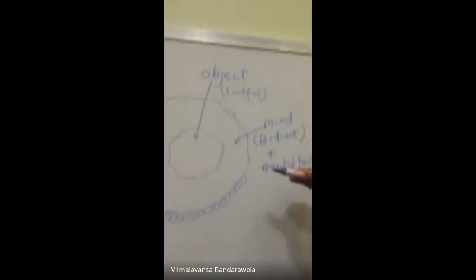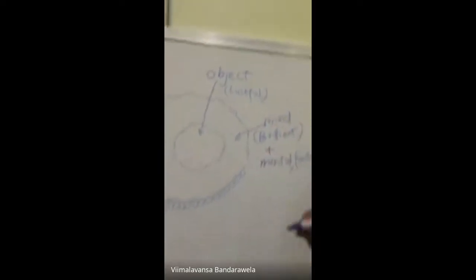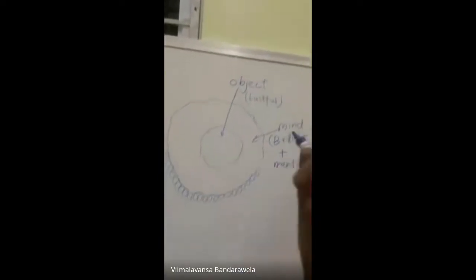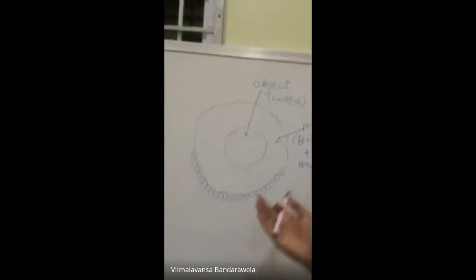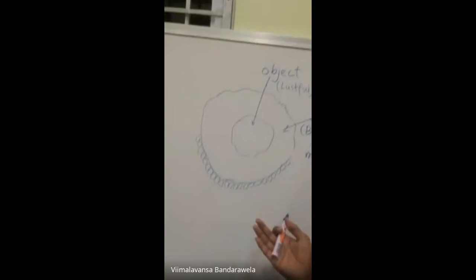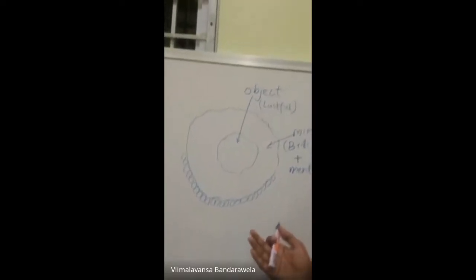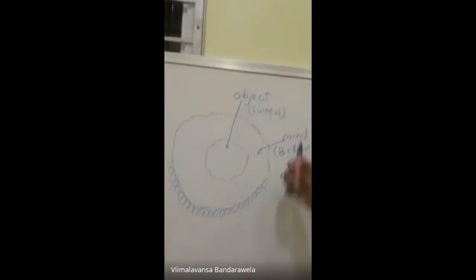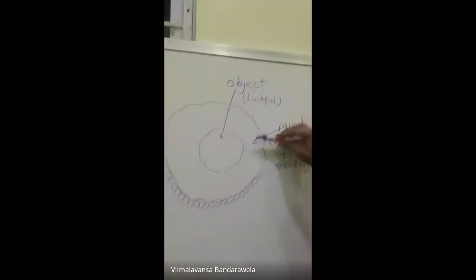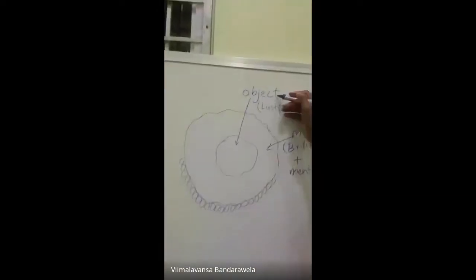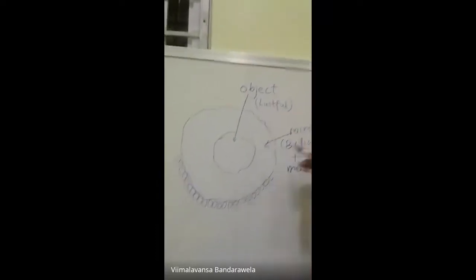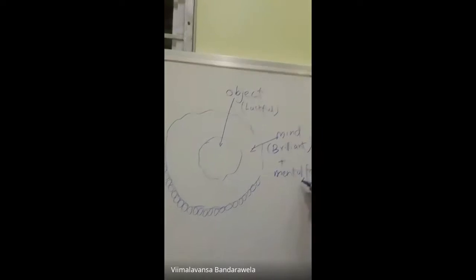For example, sometimes you have eye consciousness, what is called chakkhu vinnana, right? If it is chakkhu vinnana, you have an object of lustful thing, and mind plus mental factors.